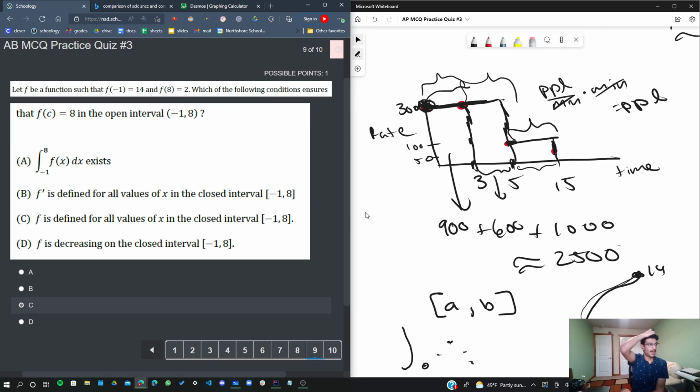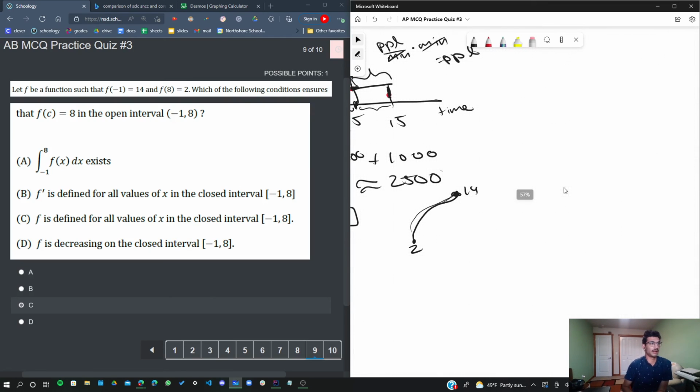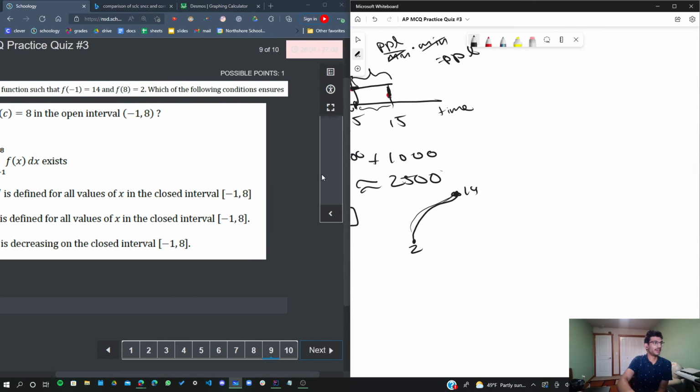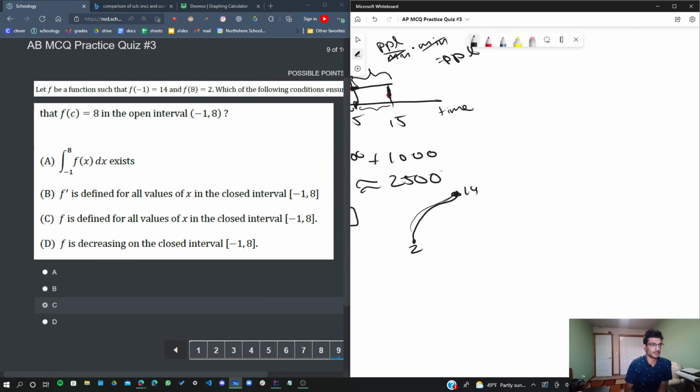A, I don't really know the solution or why that is not incorrect. I think this is just a very nitpicky question right here. But I think you could have something that goes through 8. And yeah, you can have a function like this that goes through 8, but then the integral does not exist.